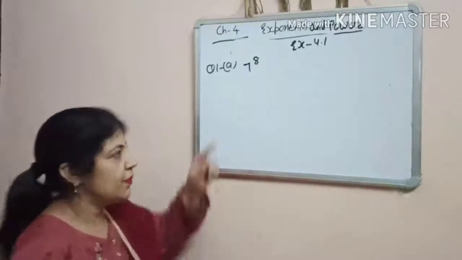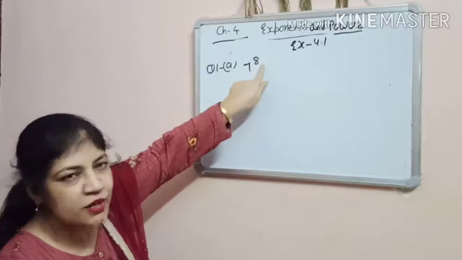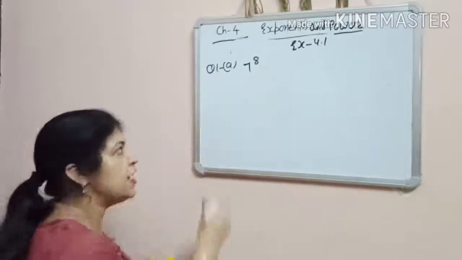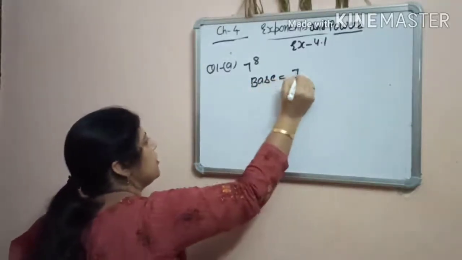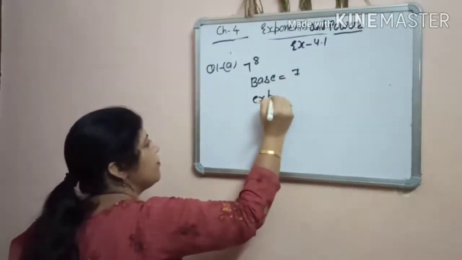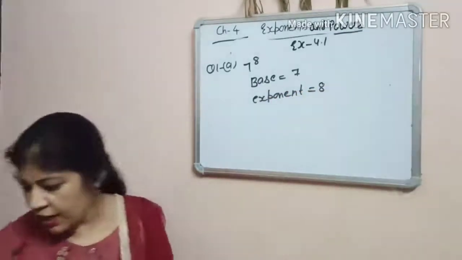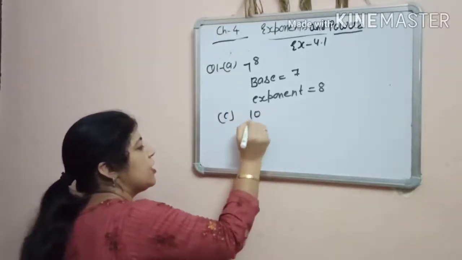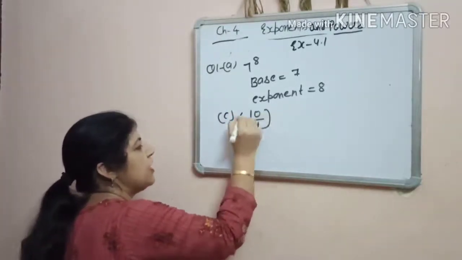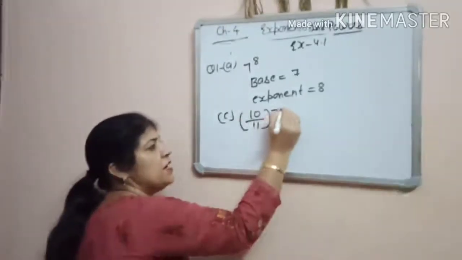Now here, base is 7 and exponent or power is 8. So you will write here base 7, exponent 8.